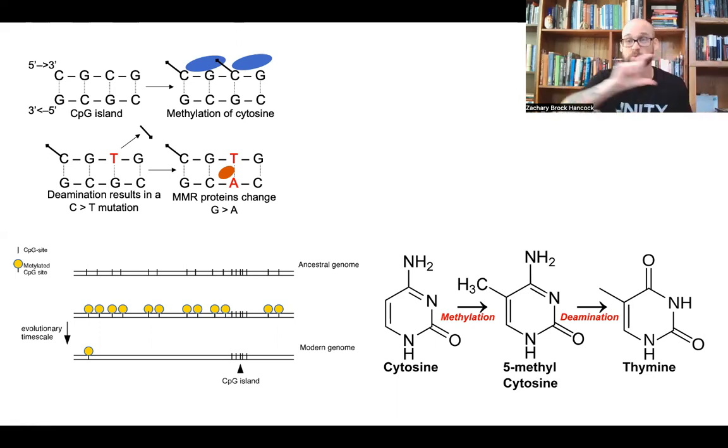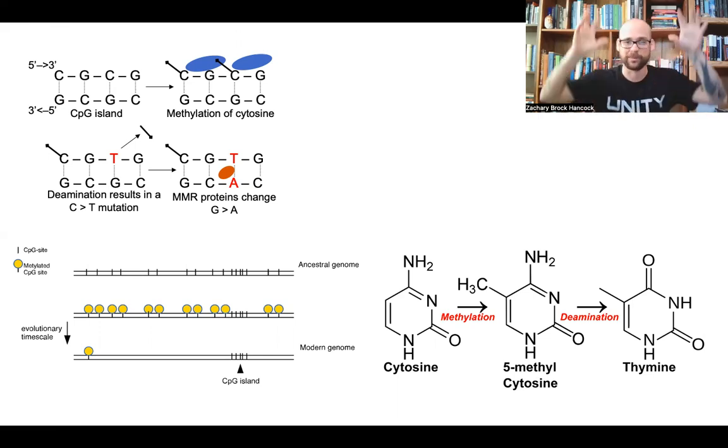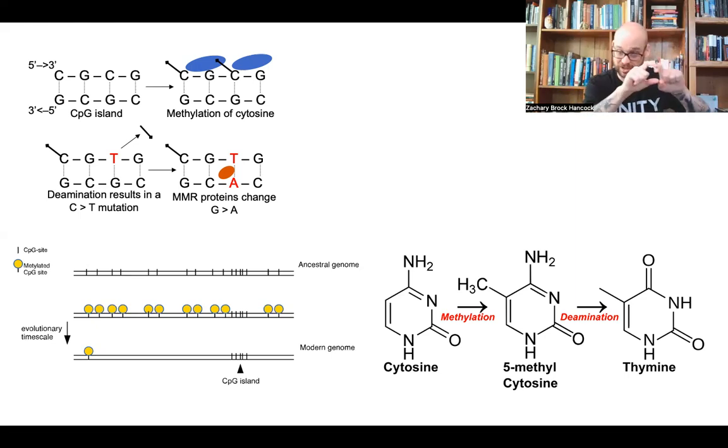Okay, so that's what those CpG sites represent. Now, what's really cool about these sites is that they are very often targeted by DNA methyltransferase. DNA methyltransferase is an enzyme that binds to the CpG sites and methylates them. And when it methylates them, it converts the cytosine to 5-methylcytosine.